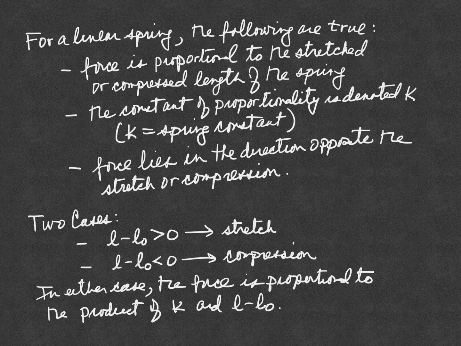And that's because I set up above that the force is proportional to the stretched or compressed length of the spring, and L minus L0 is the stretched or compressed length of the spring, and the constant of proportionality is denoted K. Now, just for complete clarity, it's actually the absolute value of L minus L0 that matters, because if L minus L0 is bigger than 0, then that's a positive number. But if L minus L0 is less than 0, that's of course a negative number. And the length of the spring is actually the absolute value of L minus L0. So we'll work through that when we deal with both of these cases, as we'll do now.